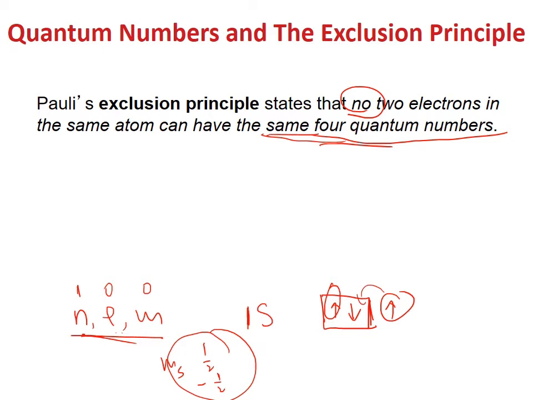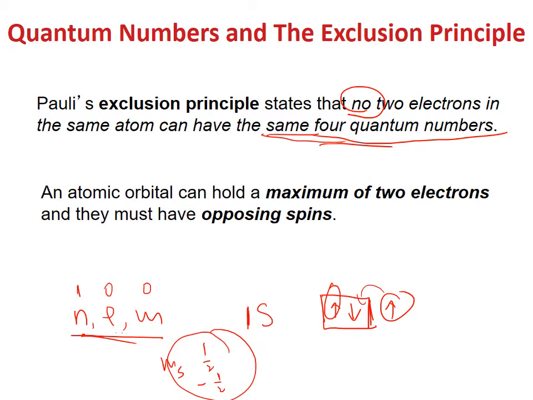So there's no way we can put the third electron into the orbital, and that leads to the conclusion that an atomic orbital can hold a maximum of 2 electrons, and they must have opposing spins, spin up, spin down. When an orbital has 2 electrons, spin up, spin down, we say these electrons are paired.